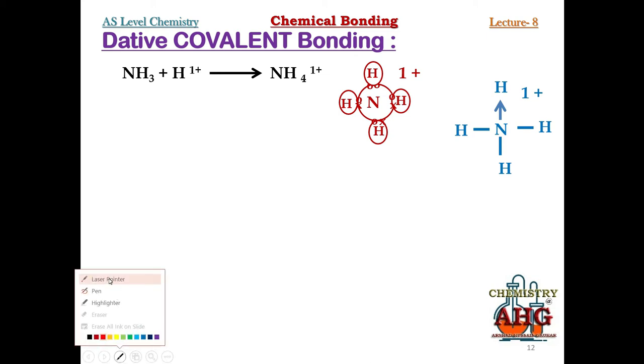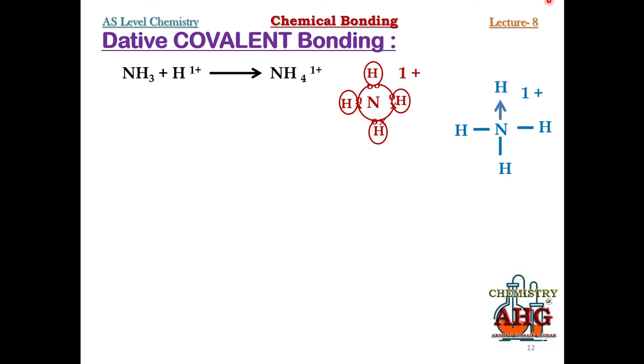You must remember, this is a simple covalent bond, simple covalent bond, simple covalent bond, but this is dative covalent bond. So in ammonium there are 3 simple covalent bonds, 1 dative covalent bond, and when ammonium chloride is produced, between ammonium and chloride ionic bond is present. So remember, ammonium compounds are unique in the sense that they can have all the 3 types of chemical bond: simple covalent, dative covalent and ionic.